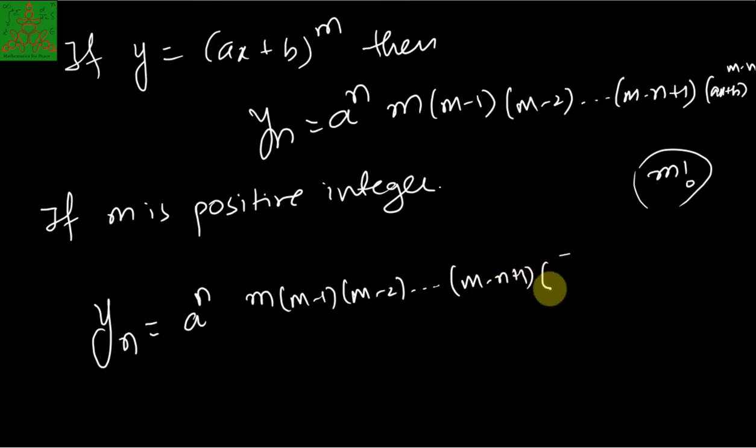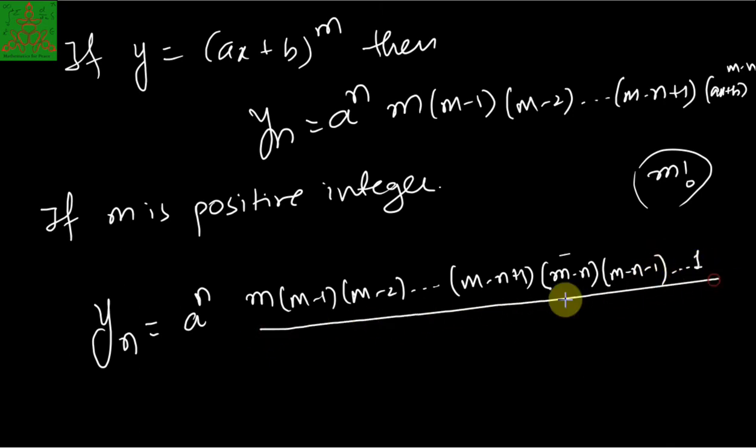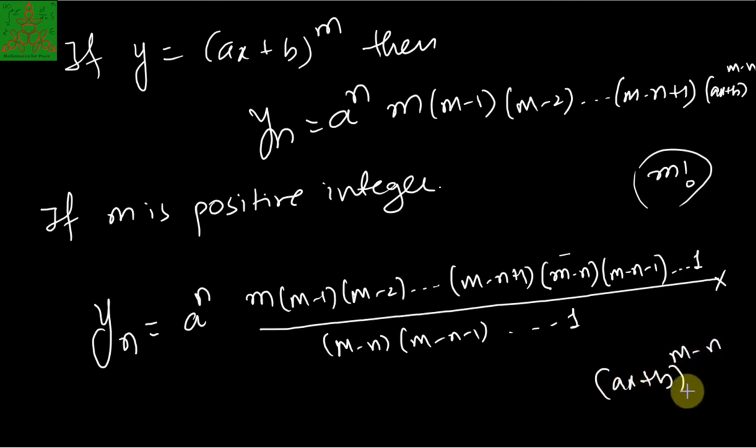So I am just multiplying further more terms, that is (m-n)(m-n-1) up to 1, and I am dividing these terms, that is (m-n)(m-n-1) up to 1. So ultimately what we have done is we have multiplied this term and divided that, and (ax+b)^(m-n) is already there.